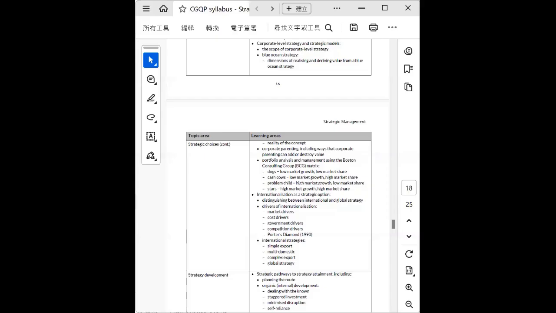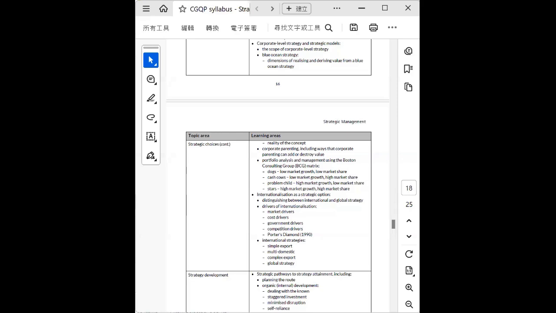Drivers for internationalization: market drivers include customers' demand for products and services. Cost drivers involve achieving economies of scale. Government drivers include trade policies and incentives. Competitive drivers respond to global competitors.